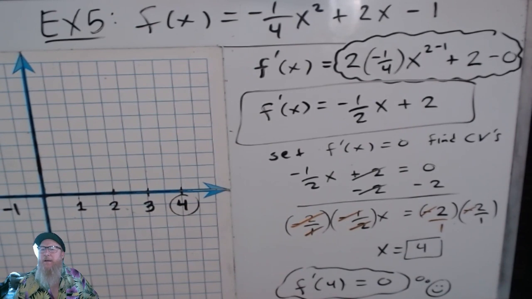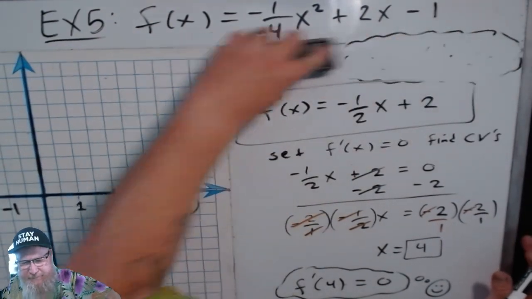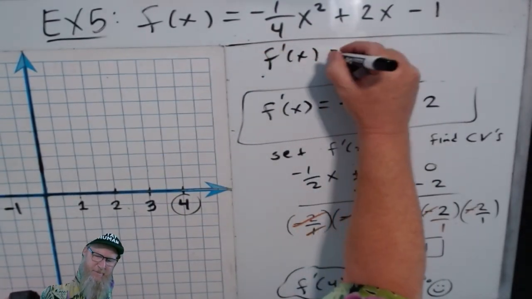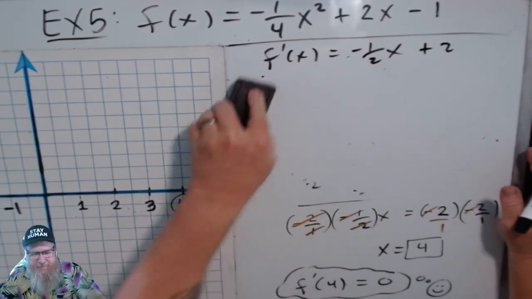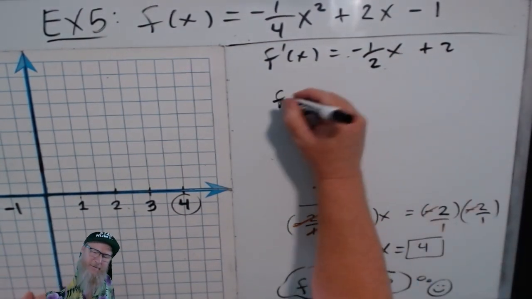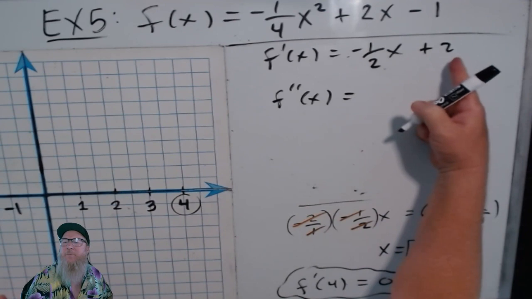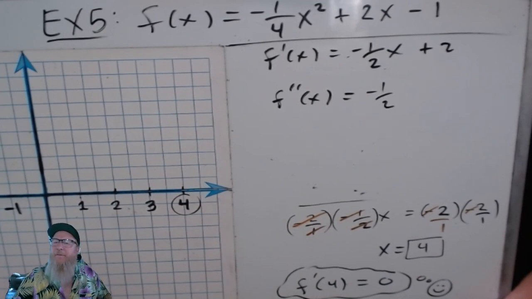Okay. So now to determine whether it's a maximum or minimum, I need the second derivative. So let's do the second derivative, f double prime of x. Because this is a linear function, negative 1/2 x plus 2, the second derivative is just negative 1/2. You know that rule from the basic rules of derivatives.